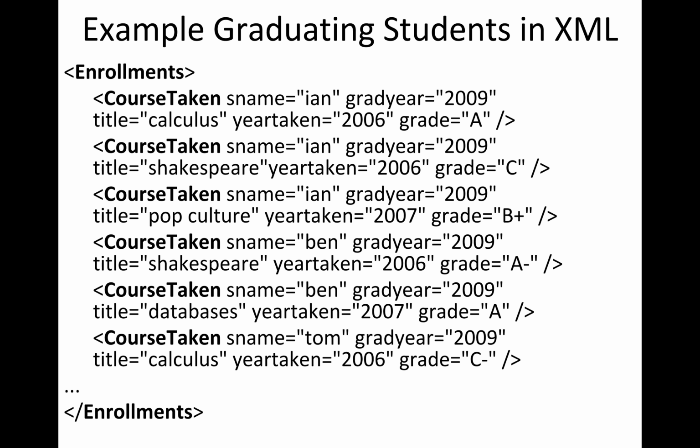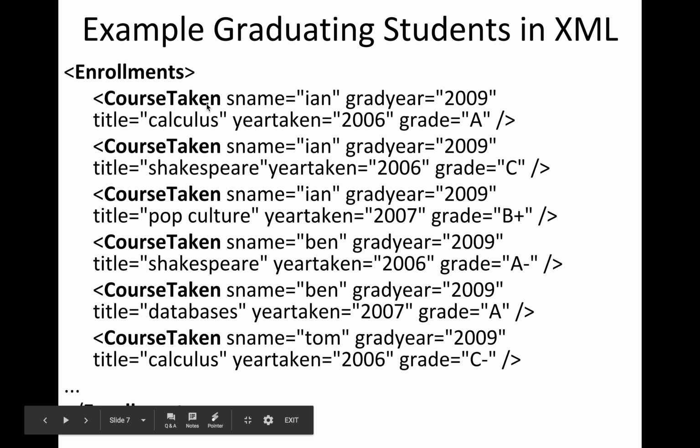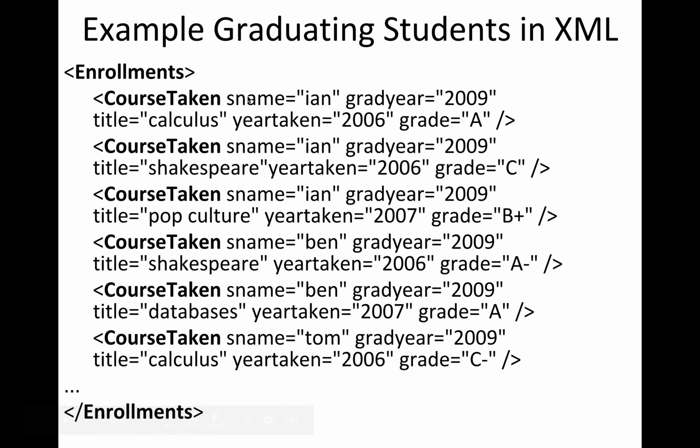In this representation, we represent each student multiple times, in multiple instances of course taken, capturing the name of the user, the graduation year, the title of the course, the year it was taken, and the grade they received in that course.